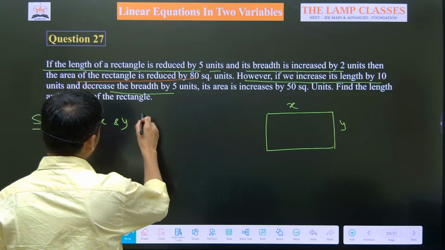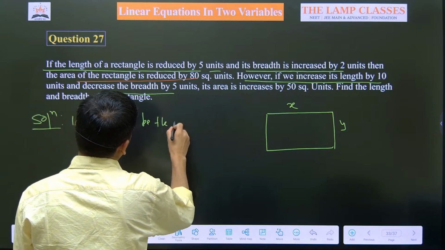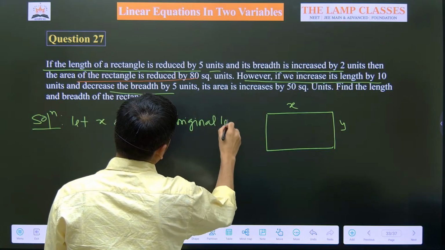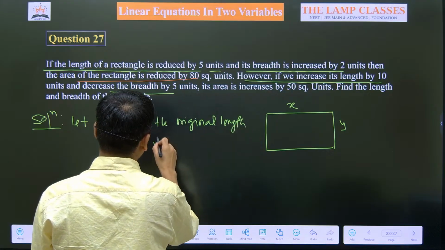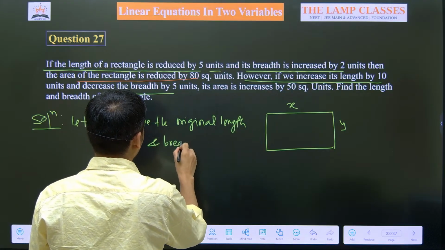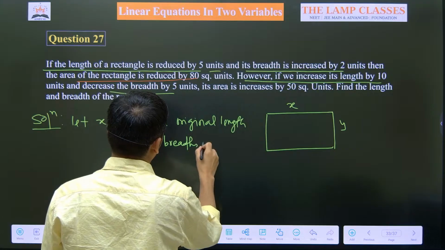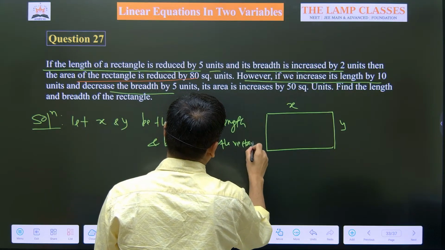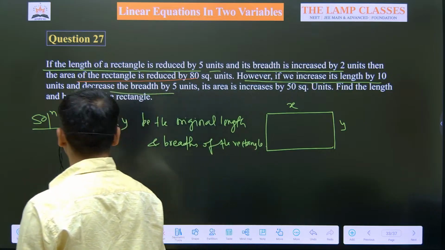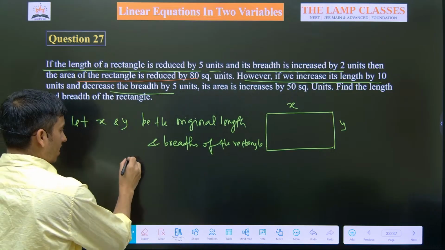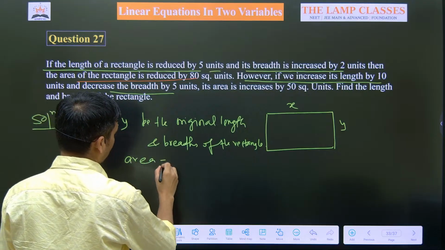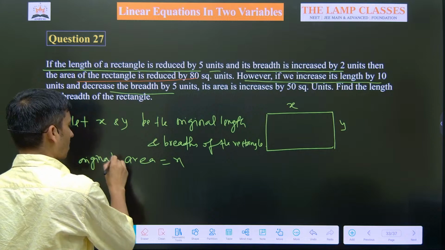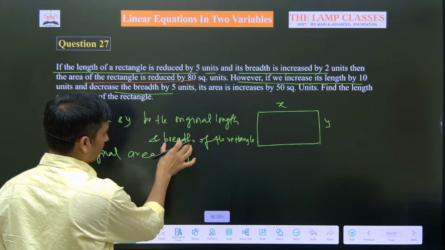Let x and y be the original length and breadth of the rectangle. So what will be the area then? Original area will be x into y.